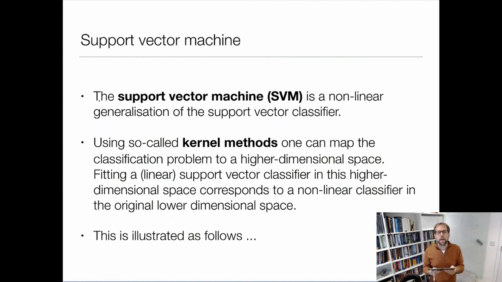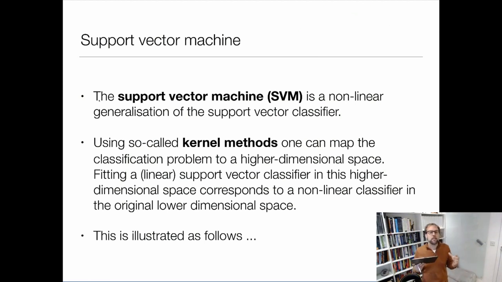The basic idea is hard to get an intuition for mathematically, so I will show it in some pictures. But the idea is we are still going to do a support vector classifier, a linear classifier, but we are going to do it in a higher dimensional space.